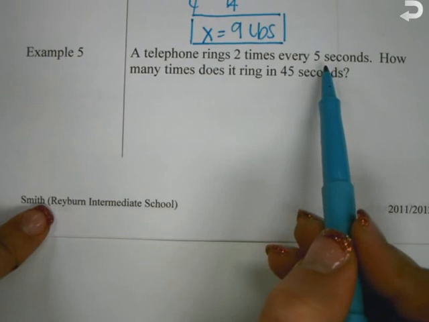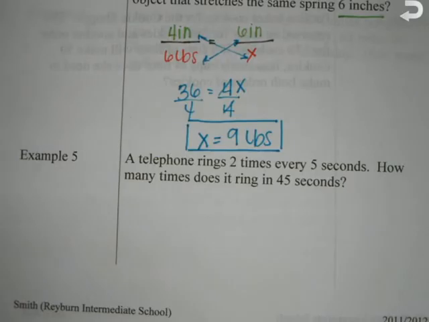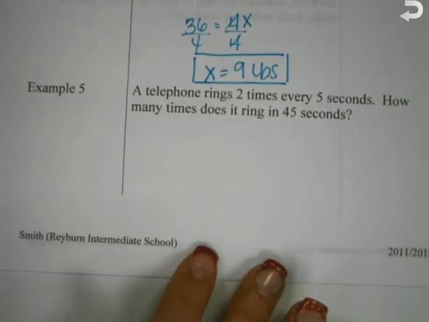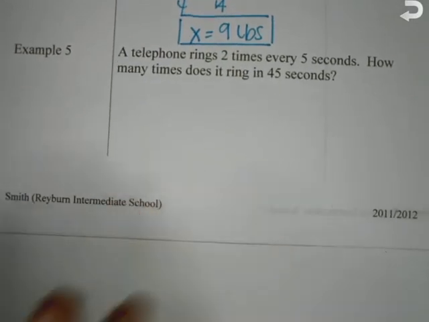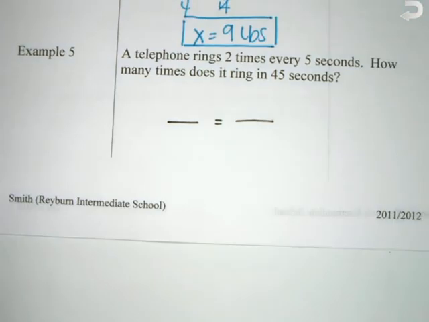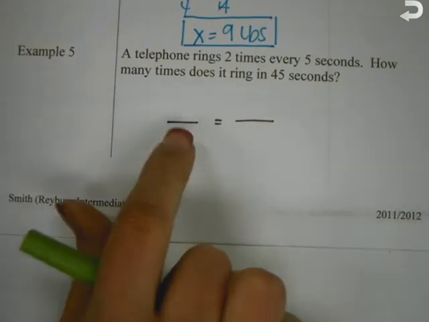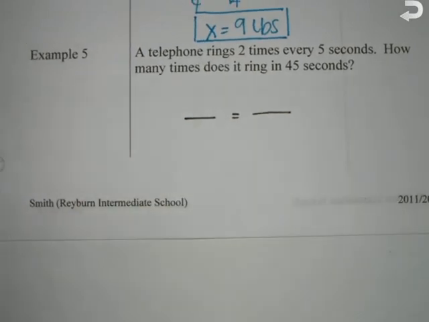Okay, what was your first ratio? Brianna, what was your first ratio? 2. Okay. 2 rings. 5 what? Seconds. Good. The telephone, 2 rings for every 5 seconds.